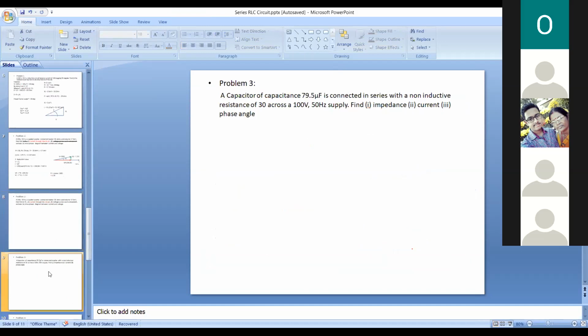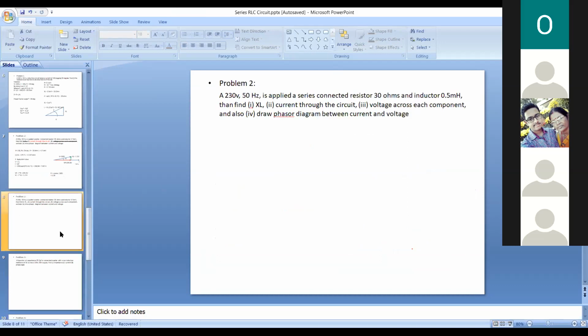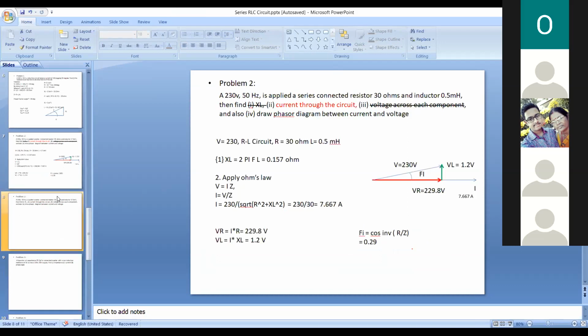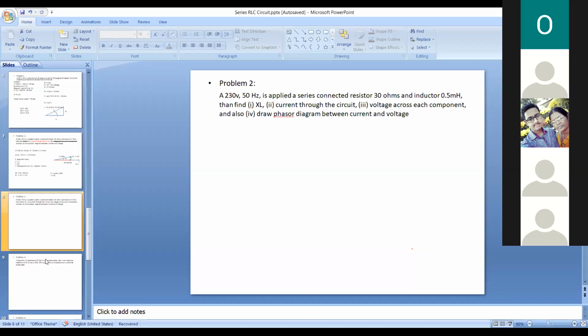Problem 3. It's the same thing. This one you consider an RC circuit. Can you try RC?